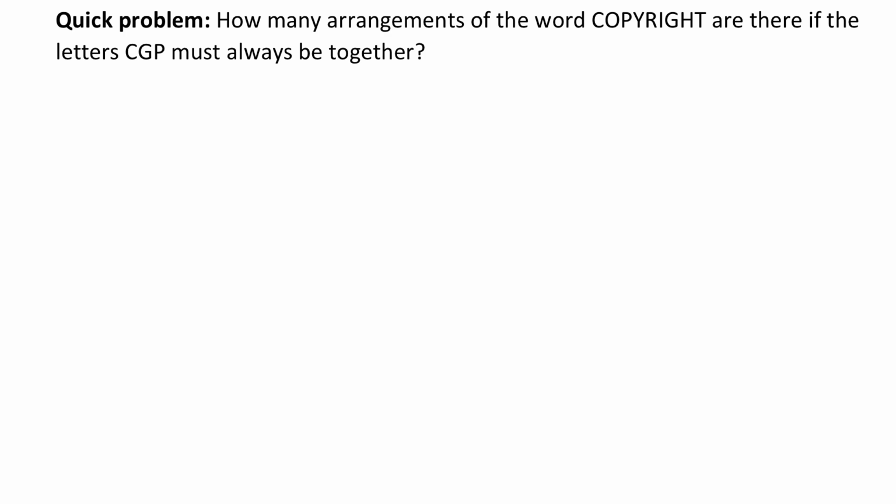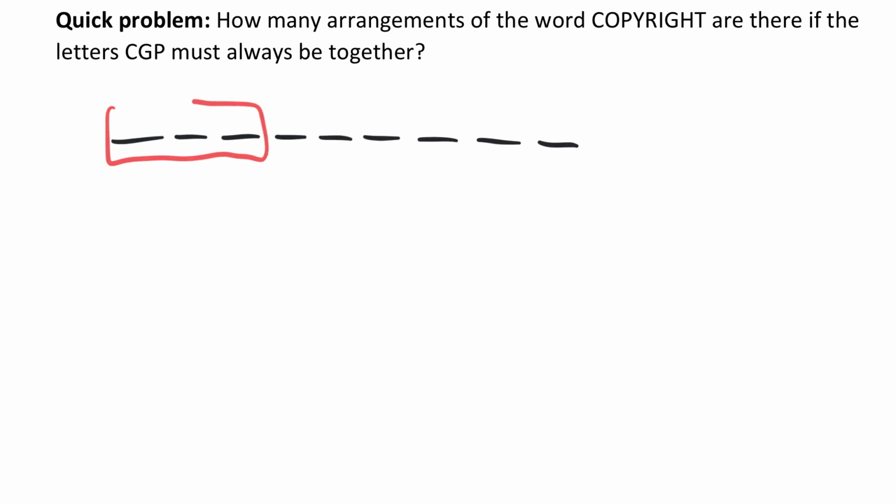All right, well, we've got 1, 2, 3, 4, 5, 6, 7, 8, 9 letters, and we're grouping 3 of them together. So this is C, G, and P, so it's going to be 3, 2, 1.